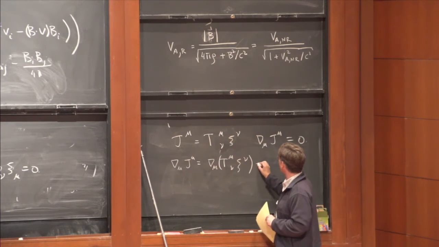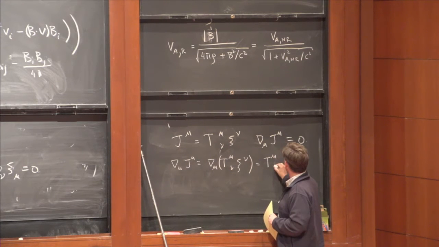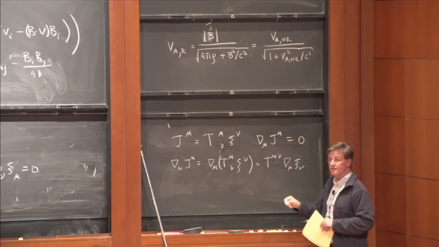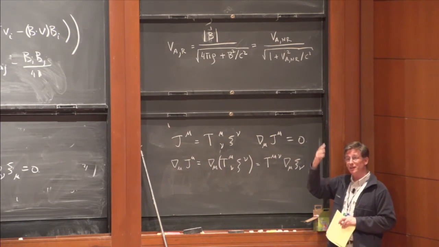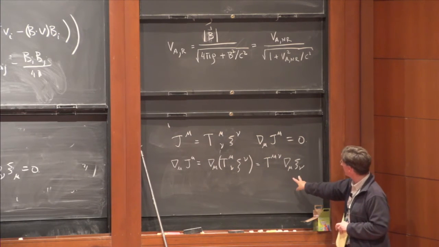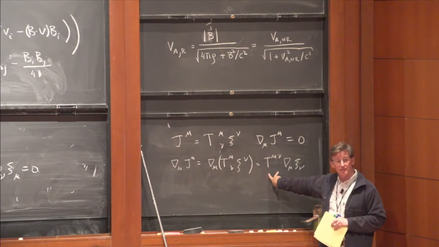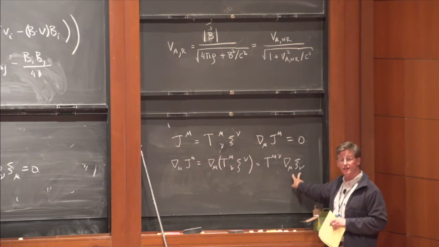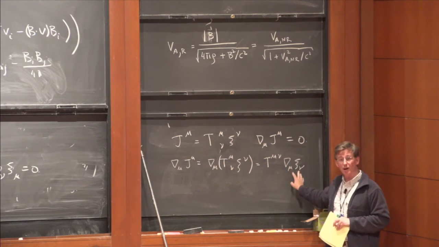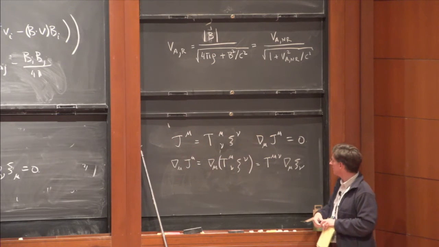And so we're left with this. Okay, and I'm freely moving indices up or down. I can do that. I can switch them up and down. This is symmetric under interchange of indices. And this is antisymmetric under interchange of indices by Killing's equation. And so that product must be 0. So this is 0.